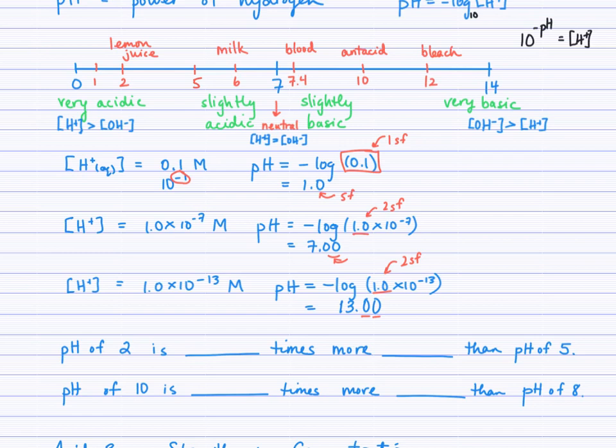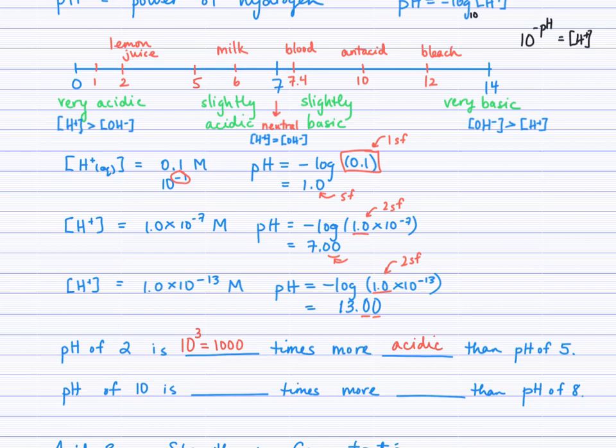Well, because these pH values are powers of 10, the pH values are the exponents. So it's actually 10 to the 3, or 1,000 times more acidic than a pH of 5. So a pH of 2 to 5 is actually quite a difference, 10 to the 3 or 1,000 times more acidic.